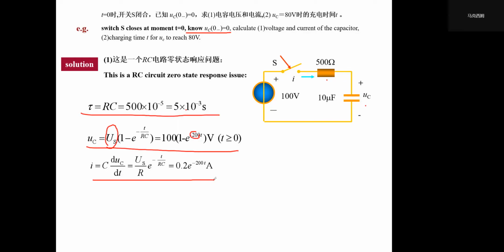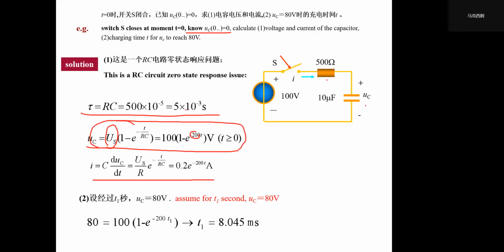Now we have already calculated the corresponding voltage and current of the capacitor. By putting 80 volt in, we can reach the time, so time equals this. This is a very typical example of how to apply this.